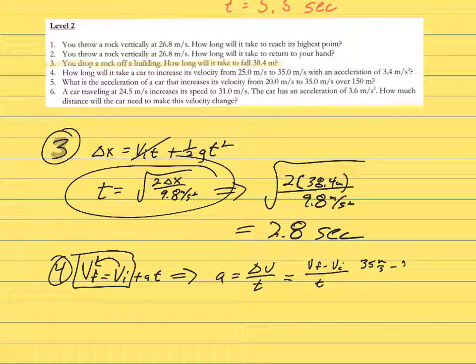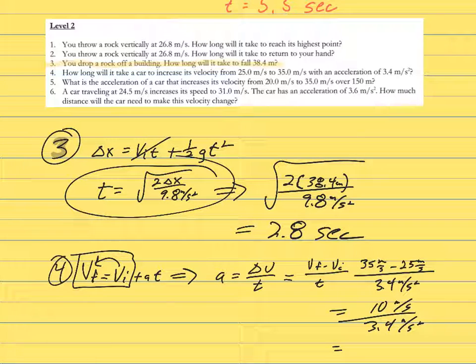My initial's 25. Guess what my change is? Yep, 10. And this is 3.4 meters per second squared. So this is 10 meters per second divided by 3.4 meters per second squared, and you should get 2.9 seconds.